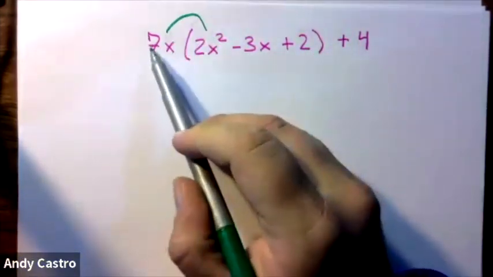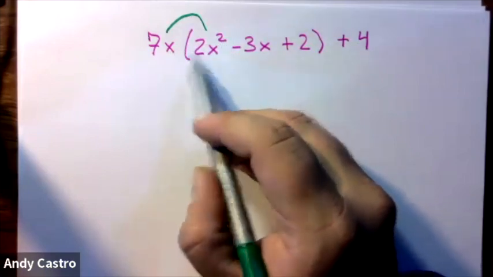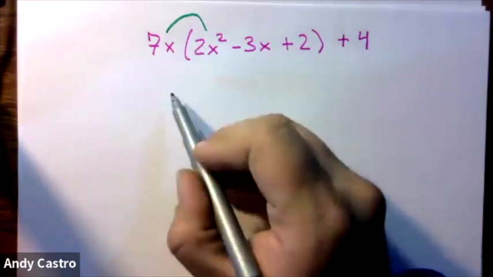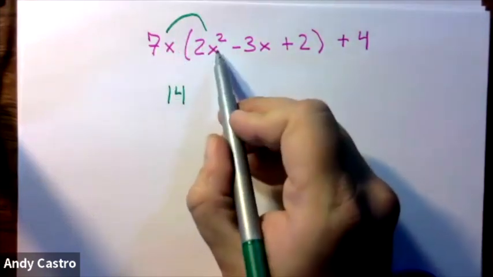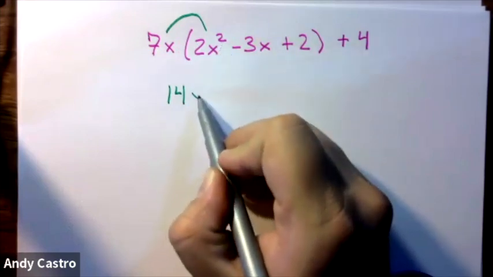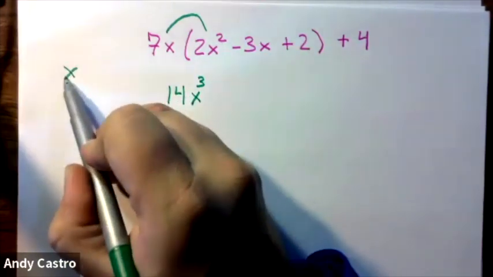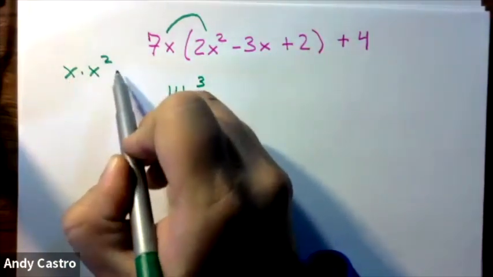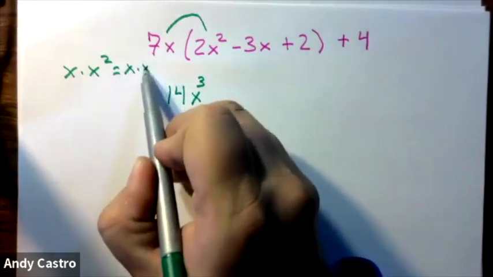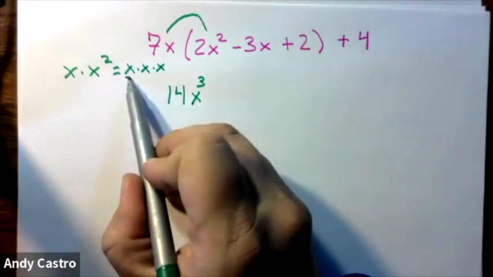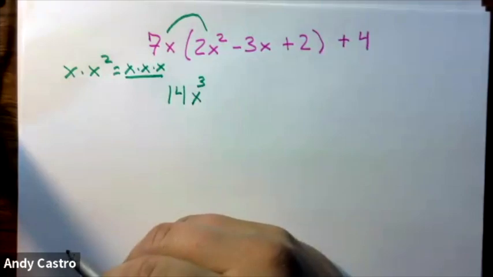All right. So 7x times 2x squared. The 7 times the 2 is going to give me 14. The x times the x squared is going to give me x to the third. Okay? So x times x squared is x times x times x. So that's where I'm getting my x cubed, x to the third power.